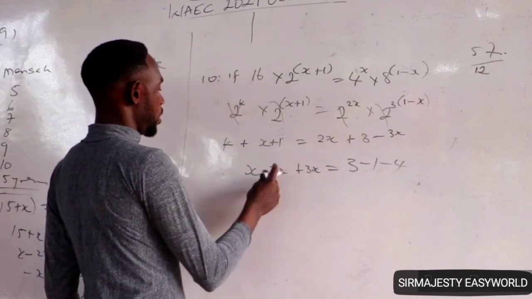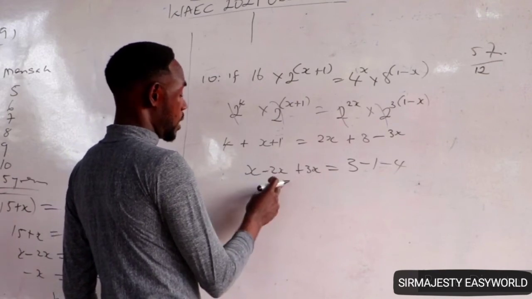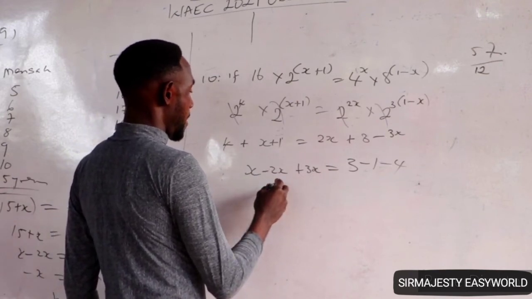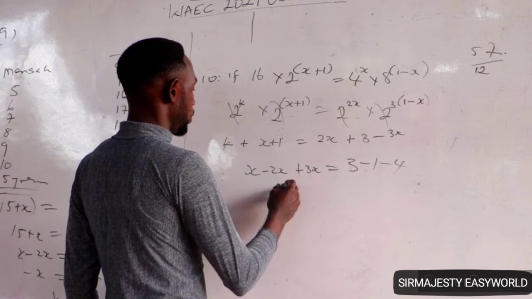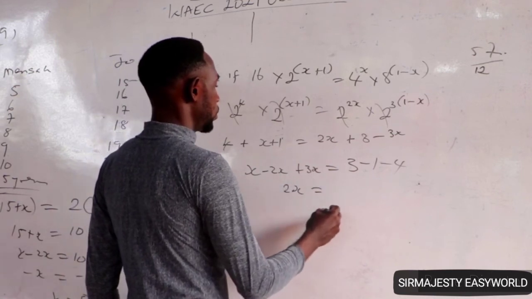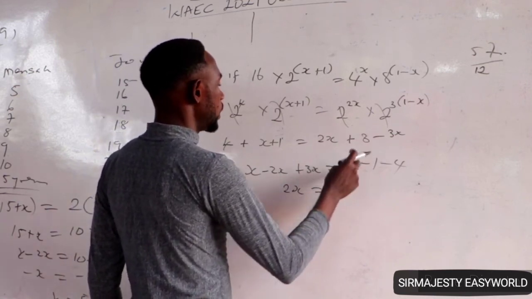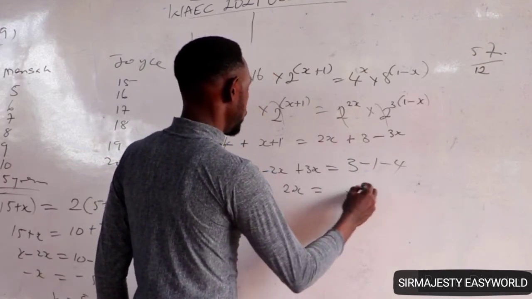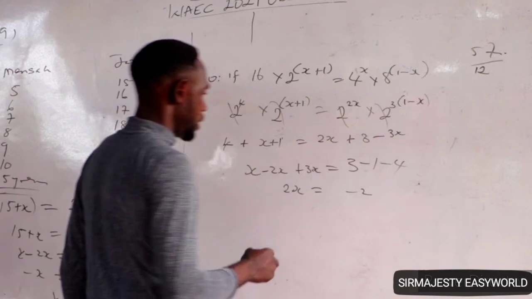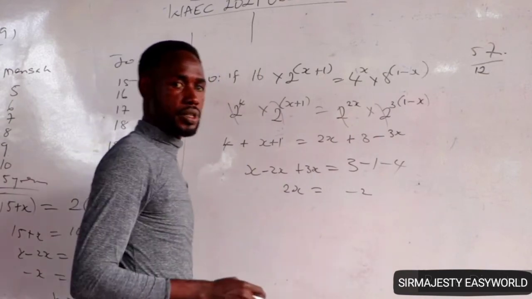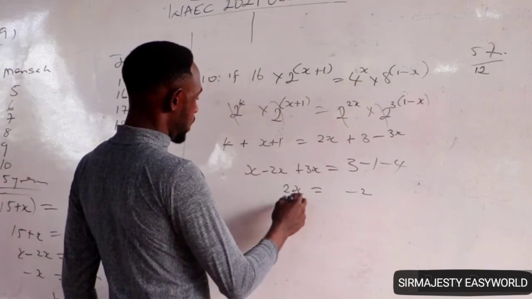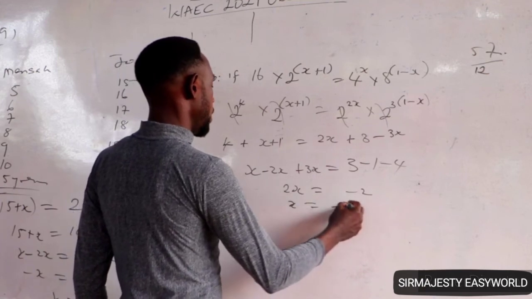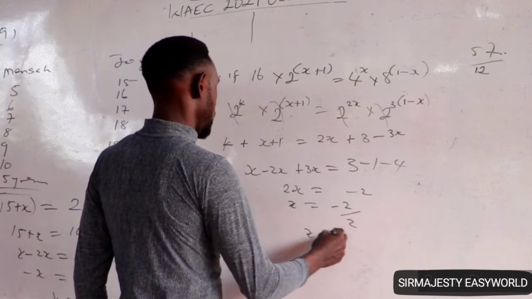So we have that x minus 2x is minus x. Minus x plus 3x will give you 2x equal to 3 minus 1, of course, is 2, minus 2, which will give you minus 2 at the end. I hope the mathematics is correct. So in that case, we have that x alone is now minus 2 divided by 2, such that x is minus 1.